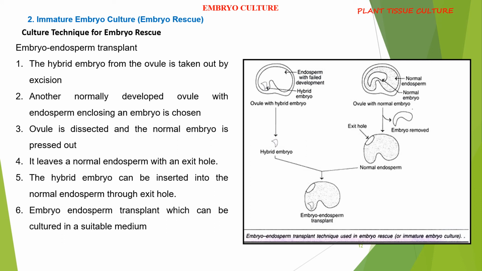The hybrid embryo is then carefully inserted into the exit hole of the normal endosperm. The embryo endosperm transplant is then cultured in suitable media. The figure on the right shows the embryo endosperm transplant technique.